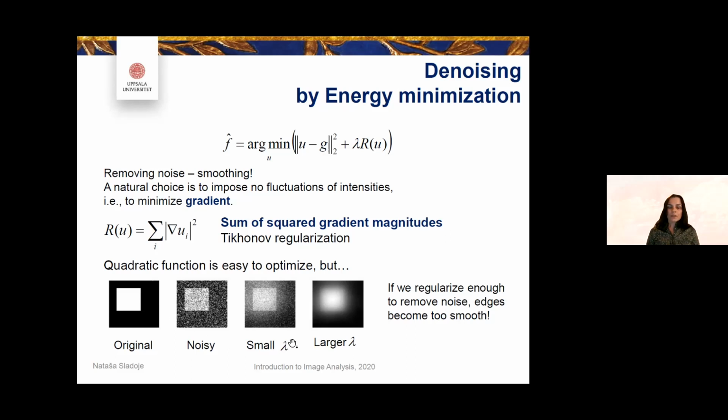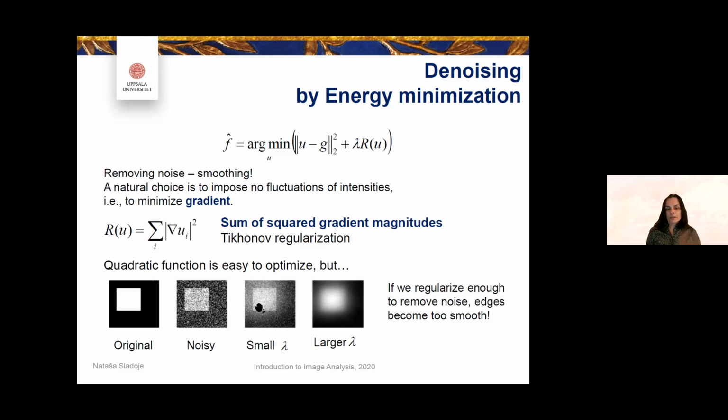If we regularize so that we don't impose this gradient minimization to a high extent, so we use a small lambda, and we let our resulting recovered image be dominantly close to our noisy one that we compare with, then we don't remove enough noise.